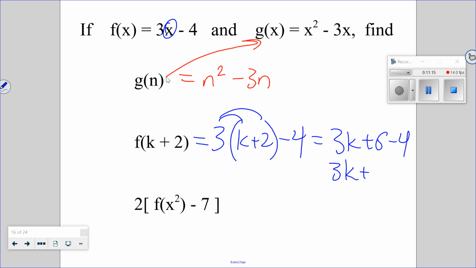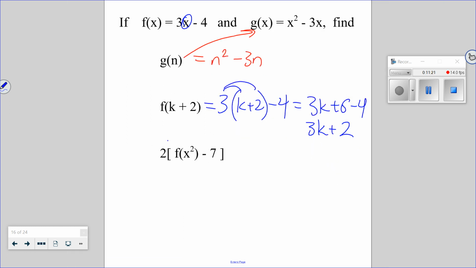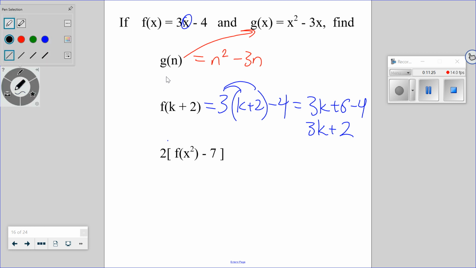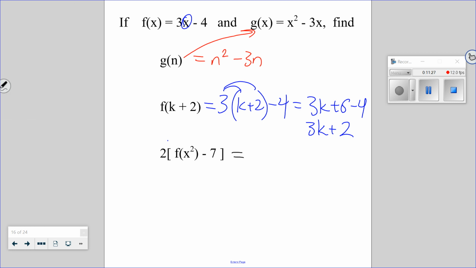You can do, whoa, check this one out. Okay, so I still have 2 times. I have to insert x squared in the function. So 3x squared minus 7. And then I subtract, oh, minus 4, excuse me. And then I subtract a 7.